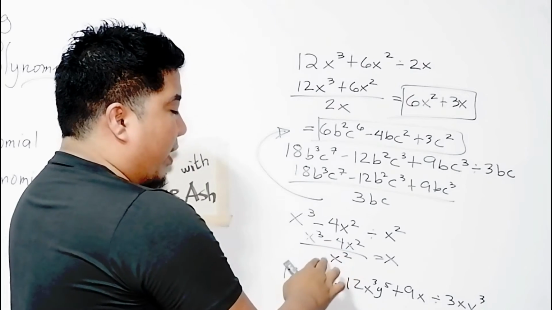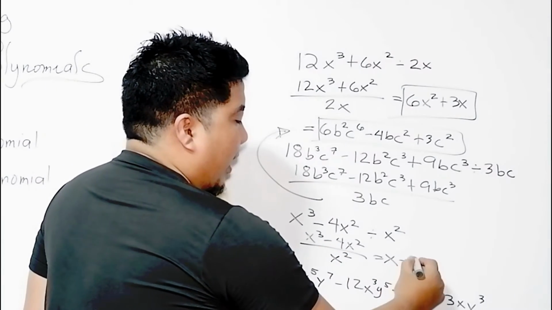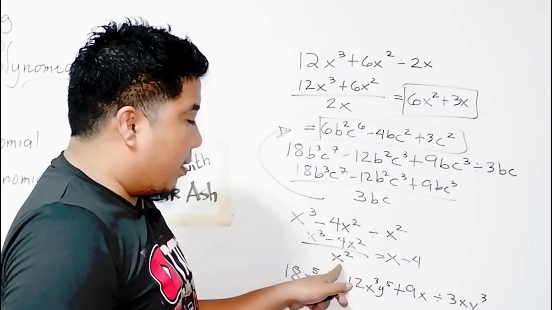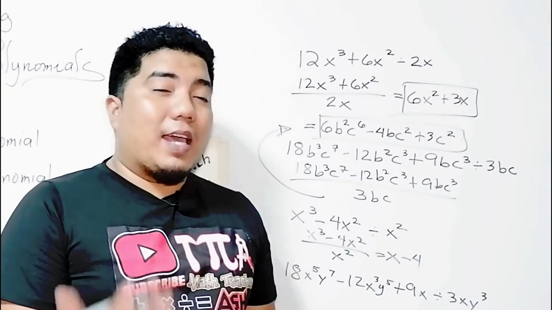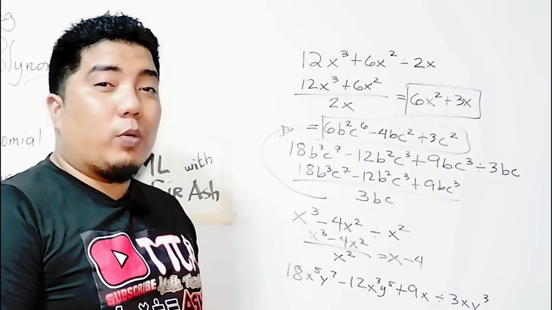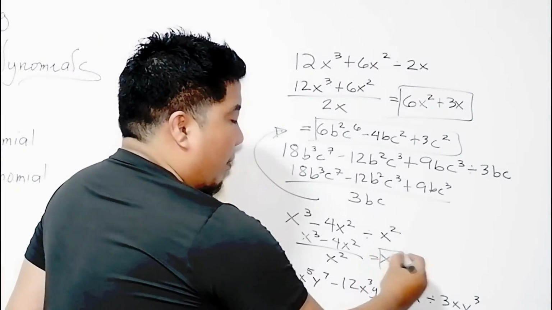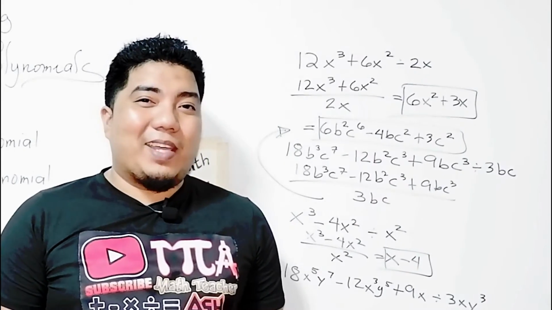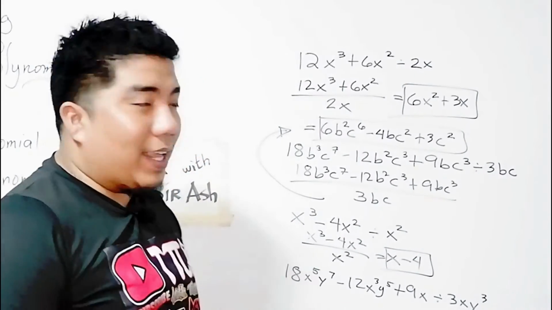So, negative 4 divided by 1, that is negative 4. x squared divided by x squared, they will cancel out. So, no x squared will be left. And this is my final answer, x minus 4. Easy, right? Now, let us go to the final example.